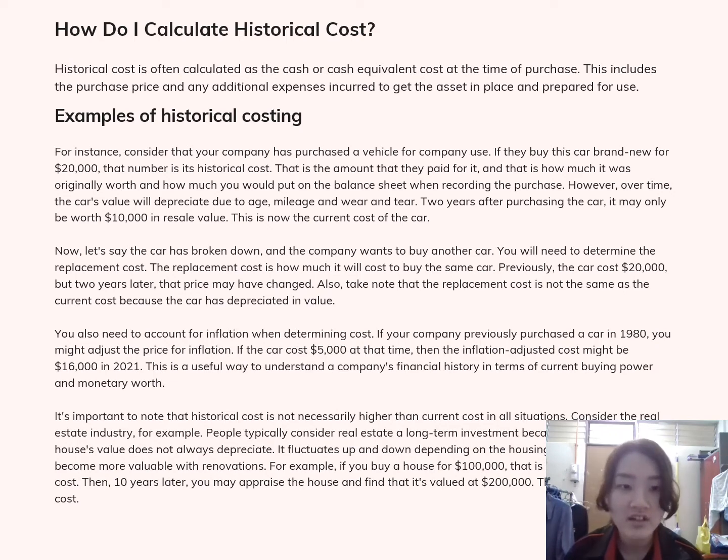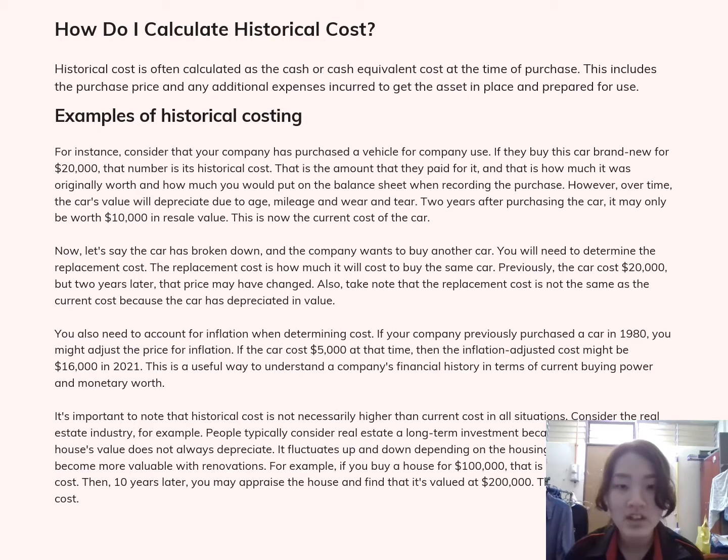Consider the real estate industry. For example, people typically consider real estate a long-term investment because, unlike a vehicle, a house's value does not always depreciate. It fluctuates up and down depending on the housing market, and it can become more valuable with renovation.